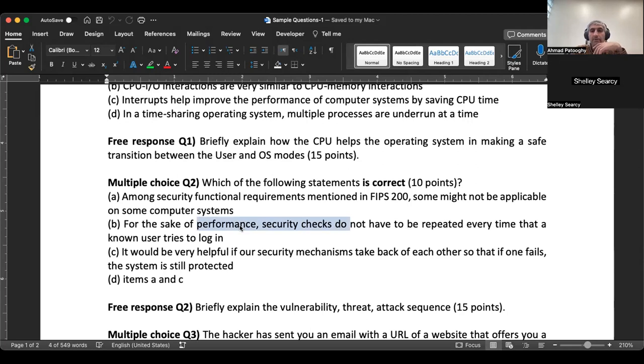We said that the security checks, like for example, authentication or username password checking, should happen every single time. It's not like we say, okay, this user was authenticated 5 minutes ago or 30 seconds ago, just let them pass, we don't need to ask for their password. No, it should be checked every single time. So of course, B is incorrect.